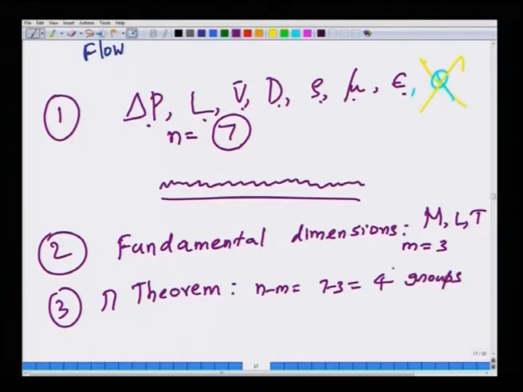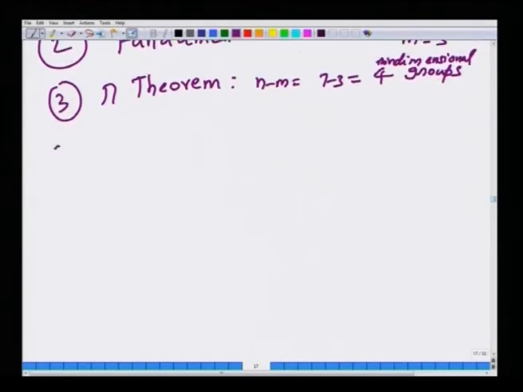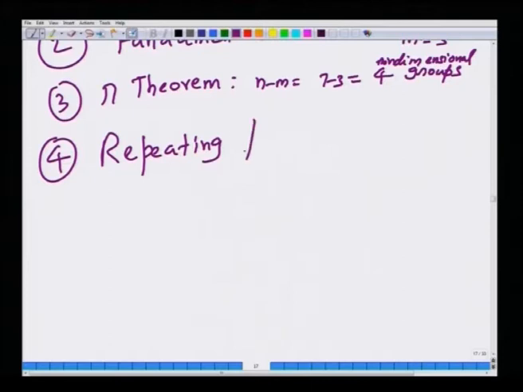Now, we choose the repeating parameters as rho, V bar, D, where V bar is the average velocity of the flow in the pipe.